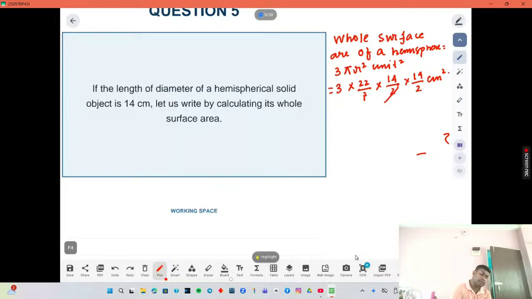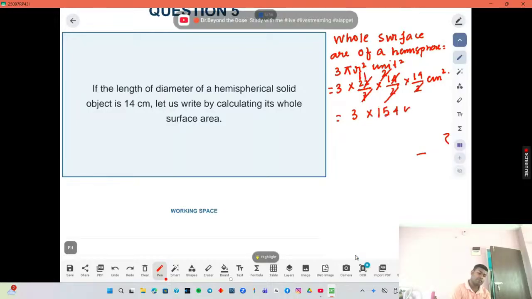Now, after solving this question, we will get 3 into 11, and 14 into 11 is 154 centimeter square.